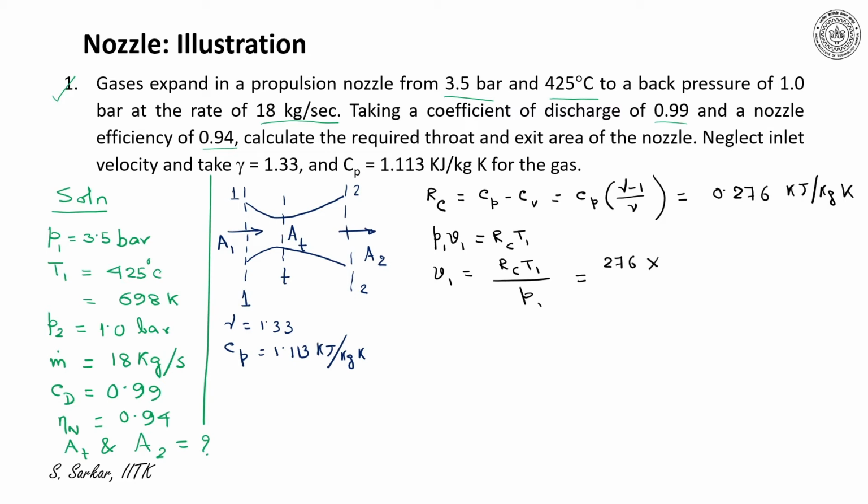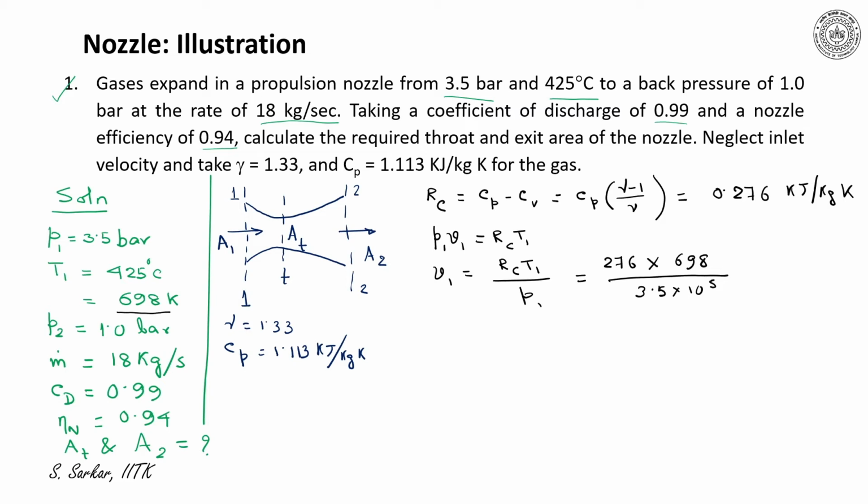Temperature at inlet T1 is 698 Kelvin, and P1 is 3.5 bar, so 3.5 into 10 to the power 5 Pascals.